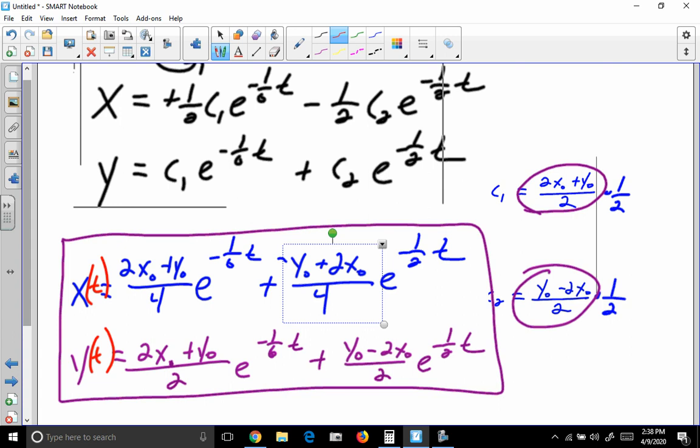Notice as time increases, as t gets bigger and bigger, then this is going to get smaller and smaller. Since that's a negative, that's really 1 over e to the 1/6 t and 1 over e to the 1/2 t. So as t gets bigger and bigger, this is getting smaller and smaller. Why is that?